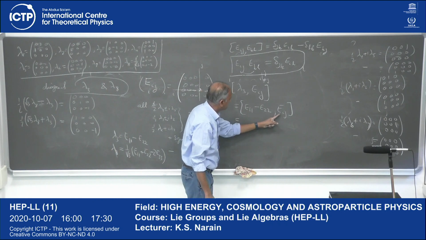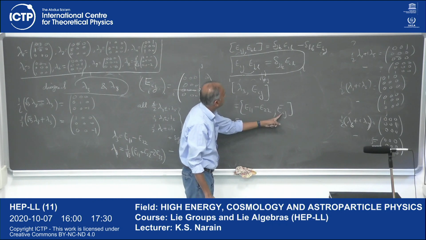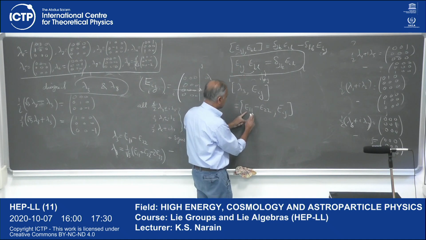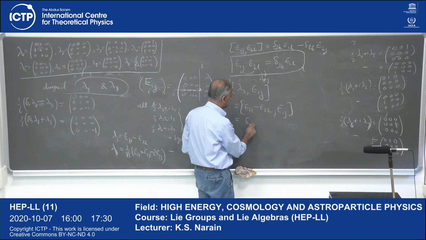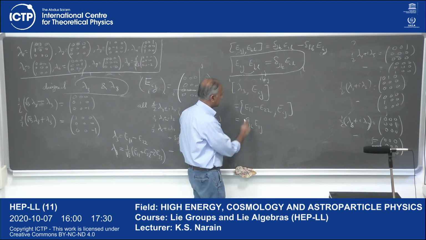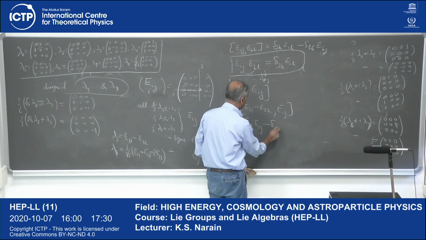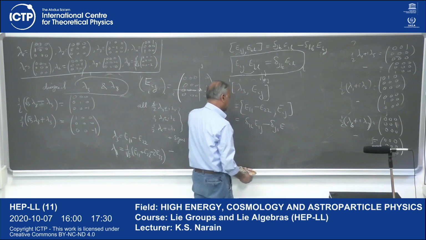So E11 with Eij, use this thing. So there will be delta 1i times E1j, minus the other way around, so delta J1 times EI1.